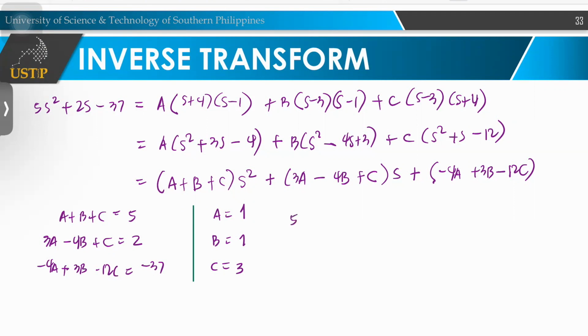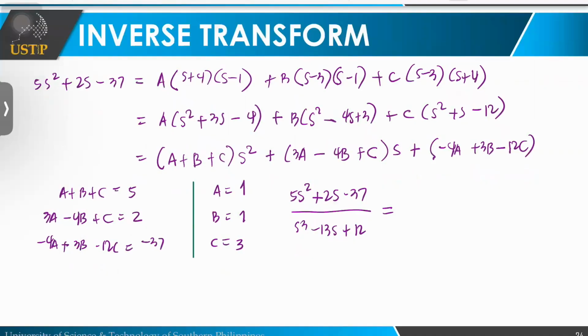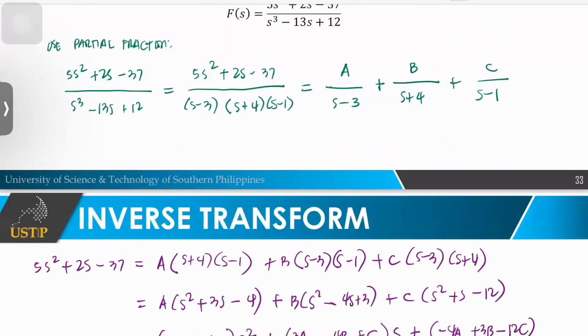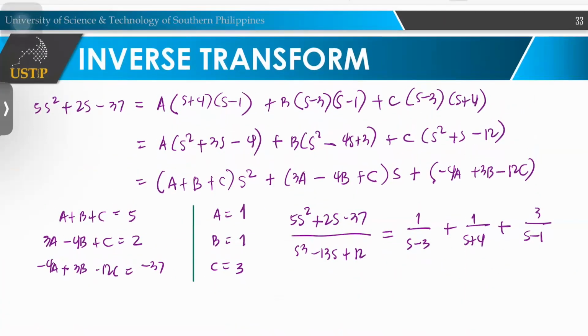So 5s squared plus 2s minus 37 all over s cubed minus 13s plus 12 is just equal to the earlier expression, with the values now: 1 over s minus 3 plus 1 over s plus 4 plus 3 over s minus 1. So instead of struggling to find the inverse of this one, we can replace it with this because they are equal.